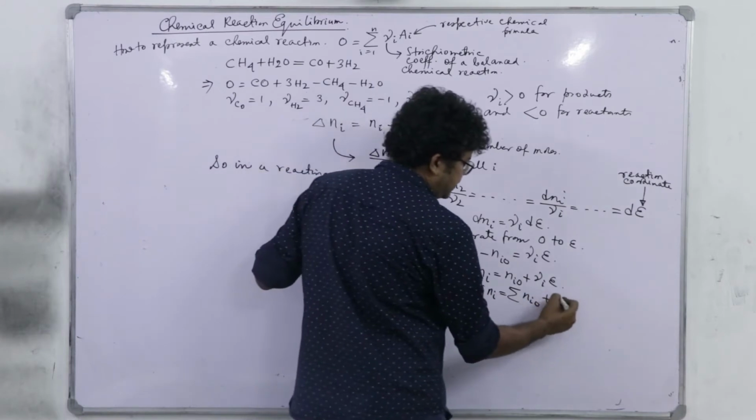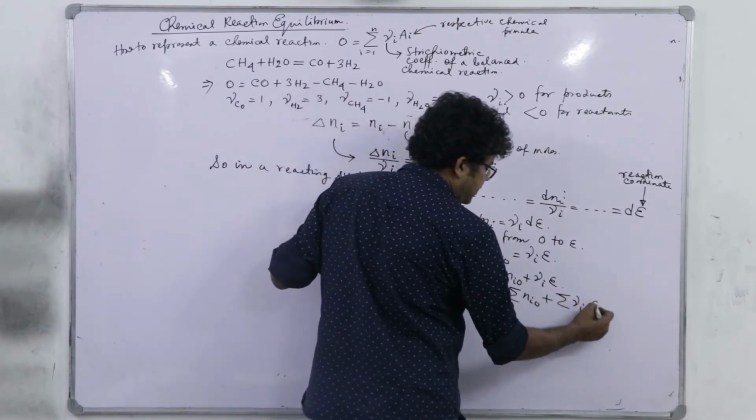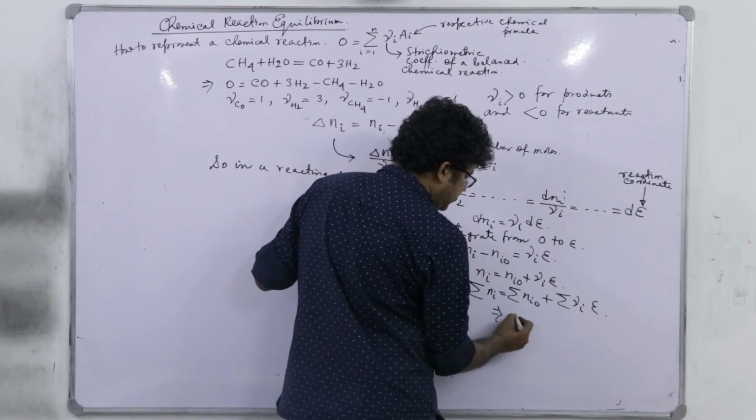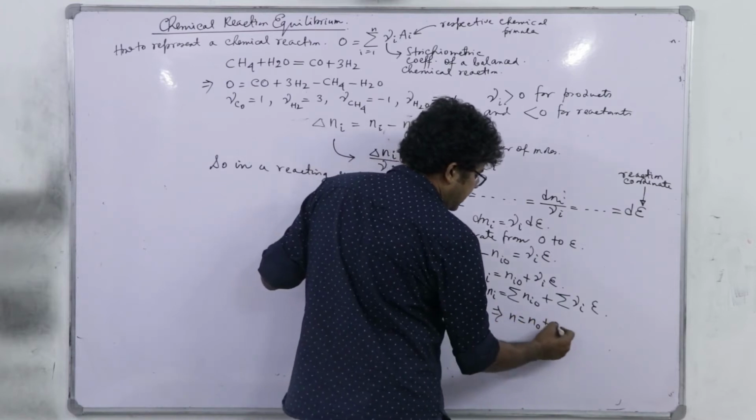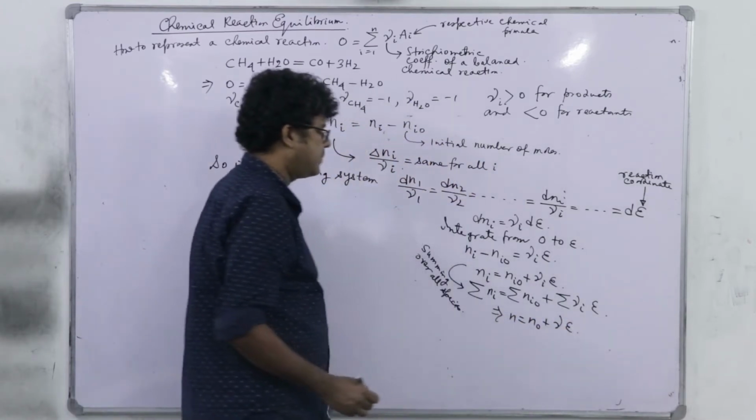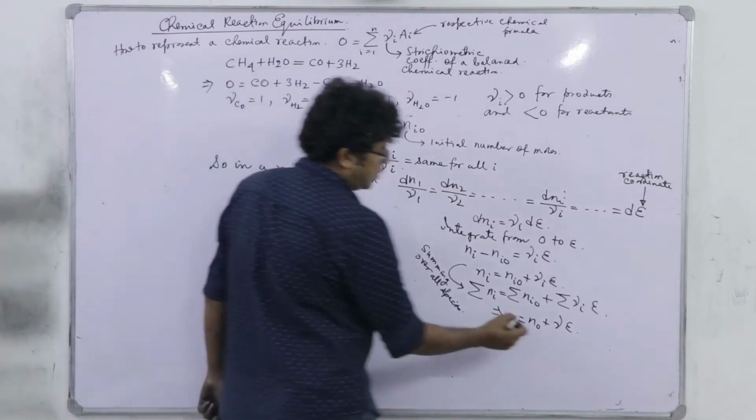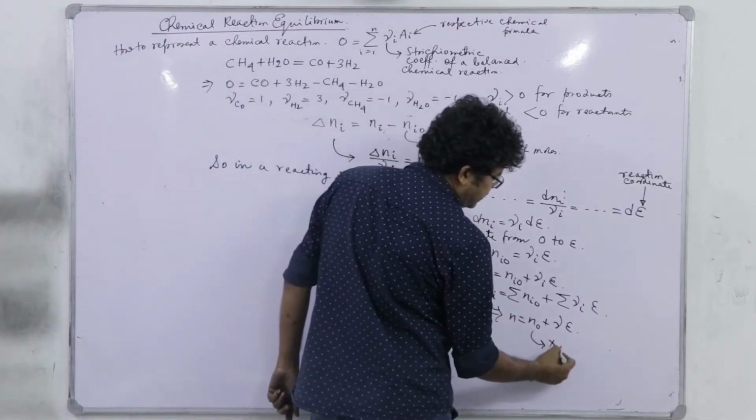So, what will I get? Summation of nu i into epsilon. So, this is n equal to n0 plus nu into epsilon, right. n0 is the total initial number of moles.